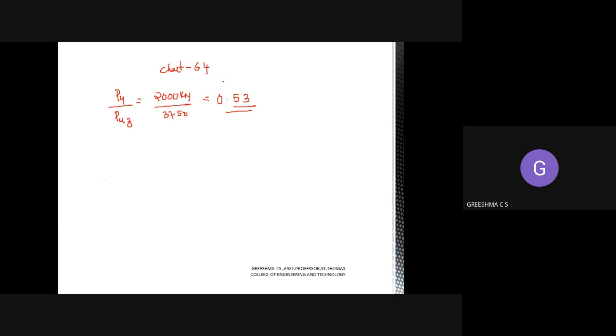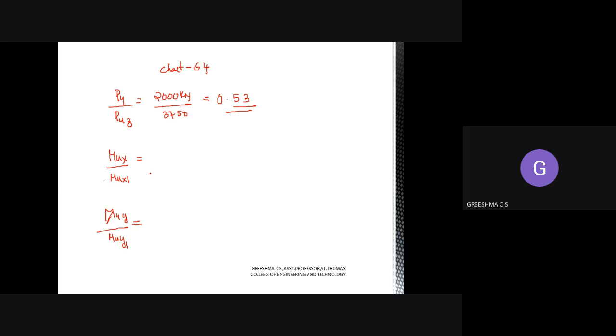0.53. Next is Mux divided by Mux1 and Muy divided by Muy1.